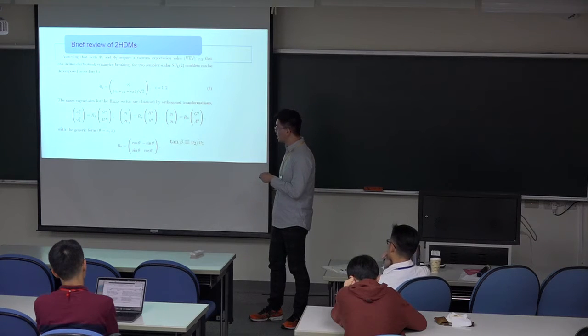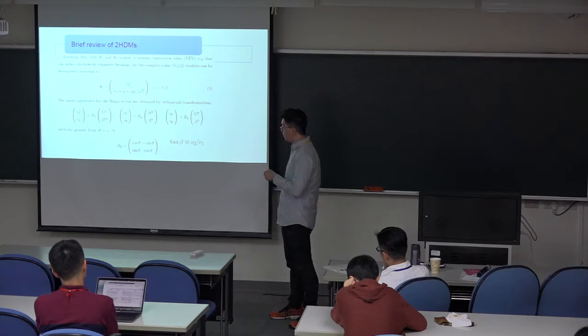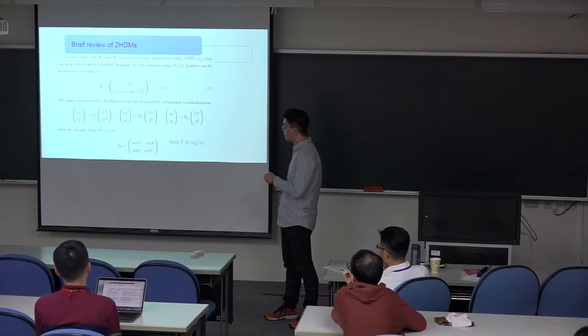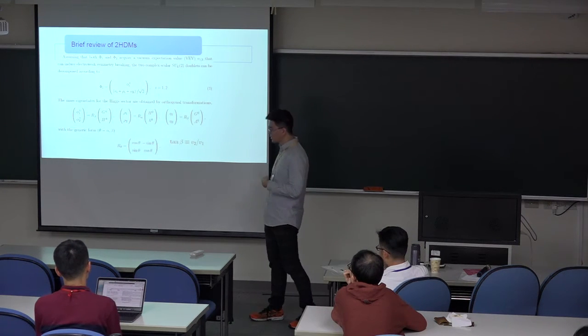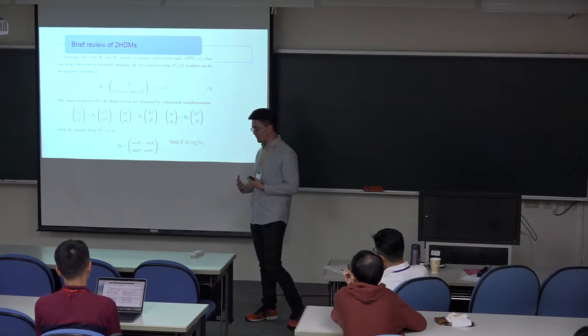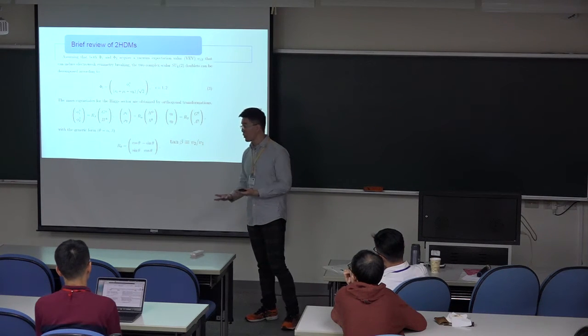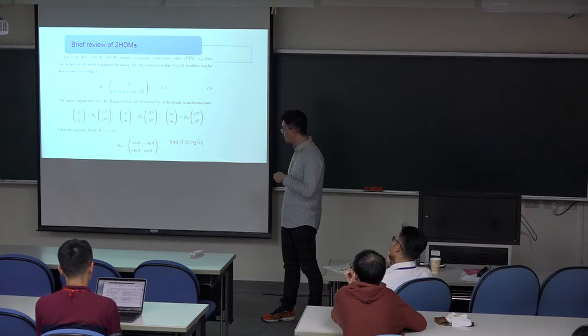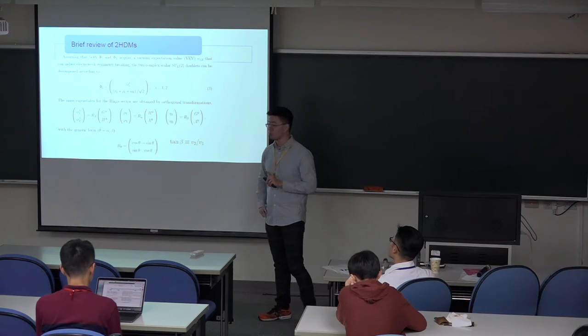So here is the rotation angle beta I introduced previously. And also for the rotation from rho 1, rho 2 to the capital H and small h by the angle alpha. So after these rotation angles, we can rotate the interaction state to the mass eigenstate that we want. And here, the rotation matrix is shown. And tangent beta is defined as the ratio of these two vacuum expectation values.